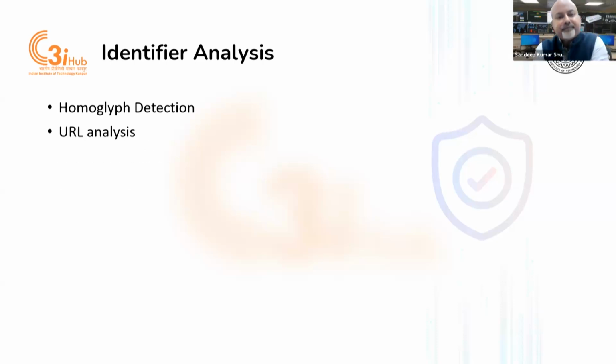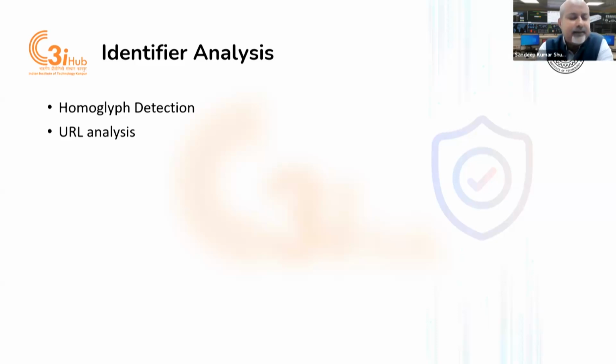So any kind of identifier that you notice in your system, for example, if you notice that when you are clicking on a URL, and that URL looks similar to a well-known, safe URL, but actually there is a slight difference.